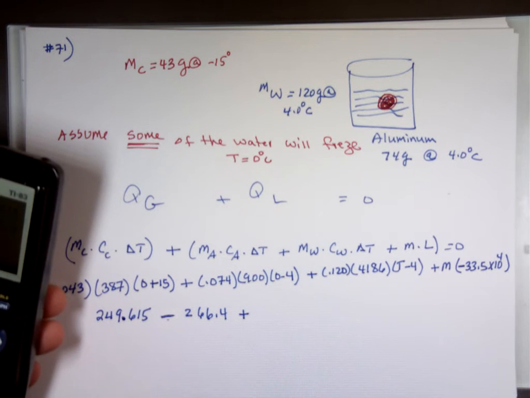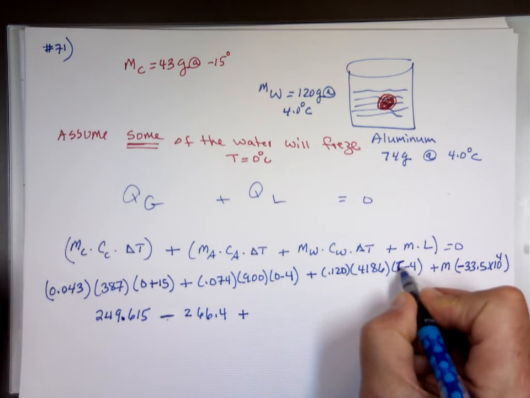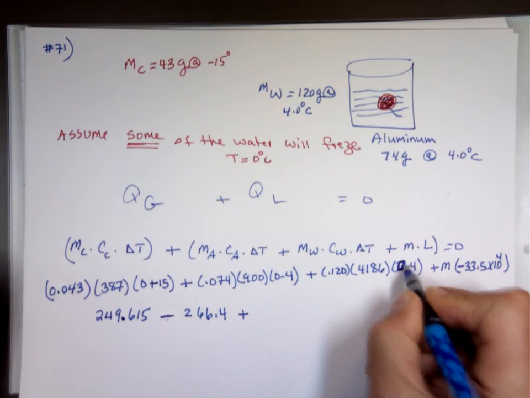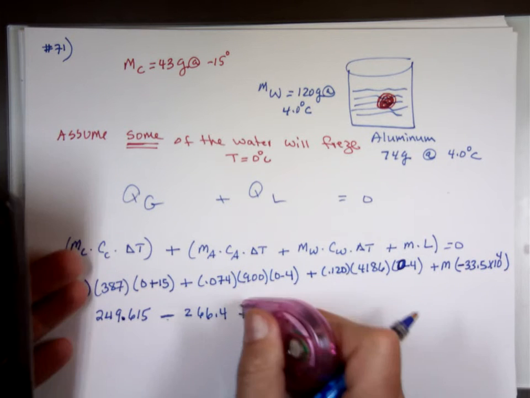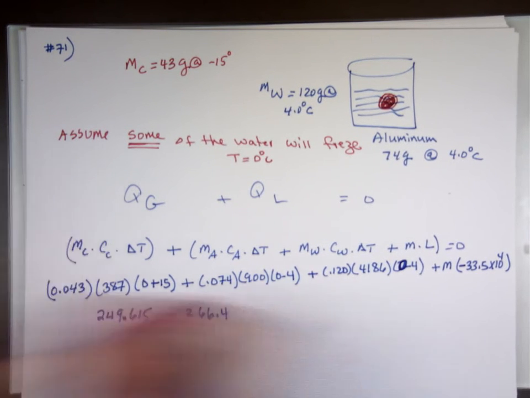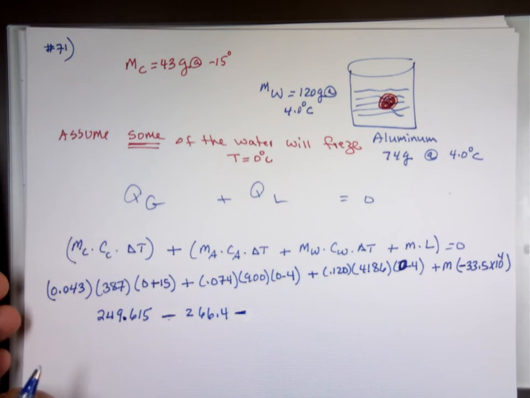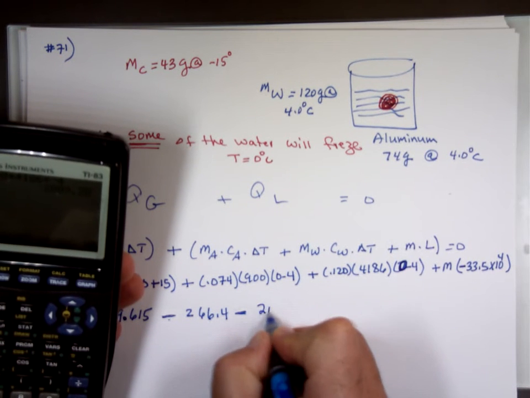This is actually my mistake. That should have been a 0, right? Final temperature is a 0. So this number is going to be a negative. 0.120 times 4186 times a negative 4, 2009.28.